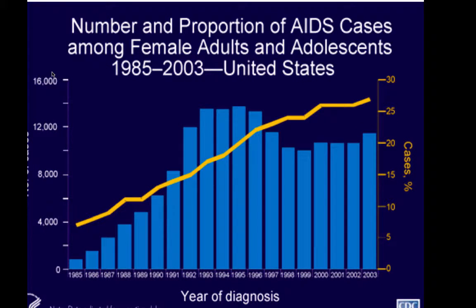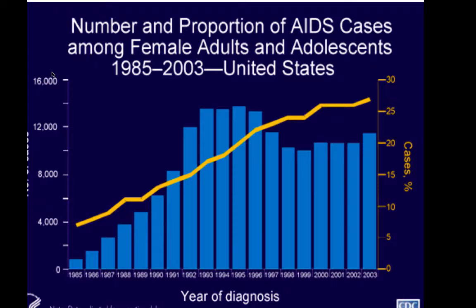So this is a figure showing both the number of AIDS cases among female adults and adolescents and the proportion of all AIDS cases that are female. So these two measures tell us different but equally important pieces of information. So you see the absolute number or count of females with AIDS is increasing. This is shown by the yellow line. But the proportion of total AIDS cases that are female, shown by the blue bars, is holding steady.